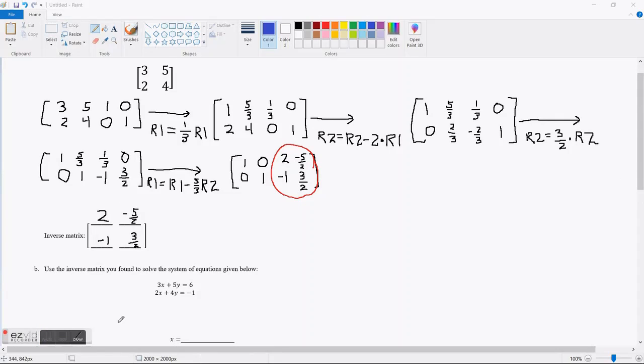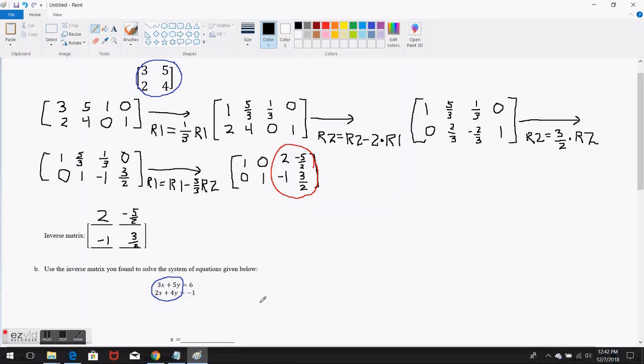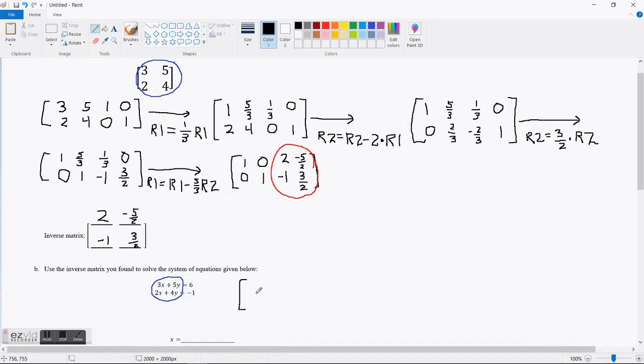Now we can use this to solve a system of equations, provided the system of equations has the same matrix of coefficients as our original matrix that we found the inverse of. And so the solution is going to be that inverse matrix that we just found times the matrix of constants of the system of equations, the 6 and the negative 1, which is 2 rows by 1 column.